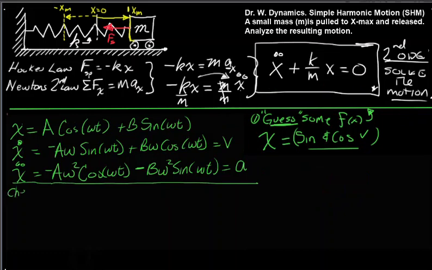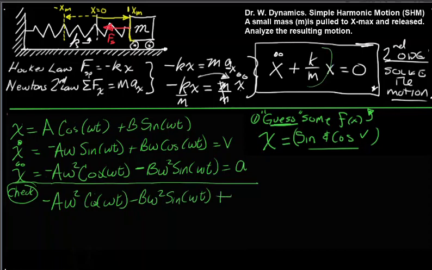So our check will have x double dot, which is negative a omega squared cosine of omega t minus b omega squared sine of omega t, plus k over m times x, which would be a cosine of omega t plus b sine of omega t.